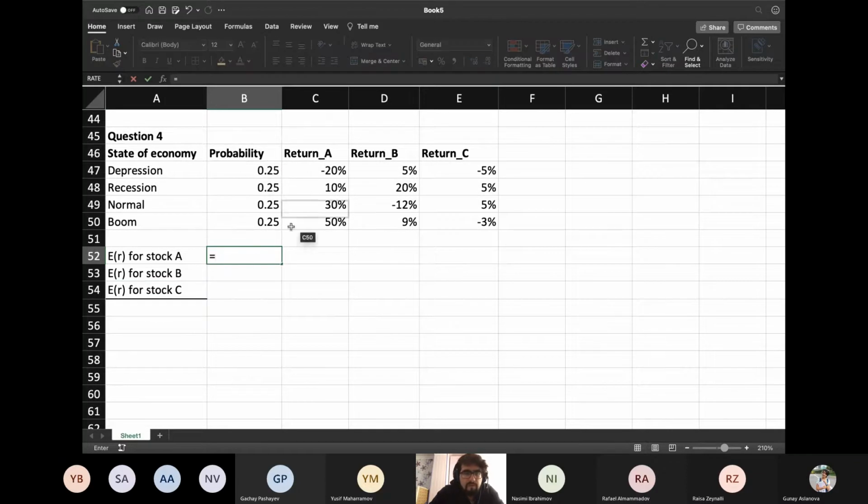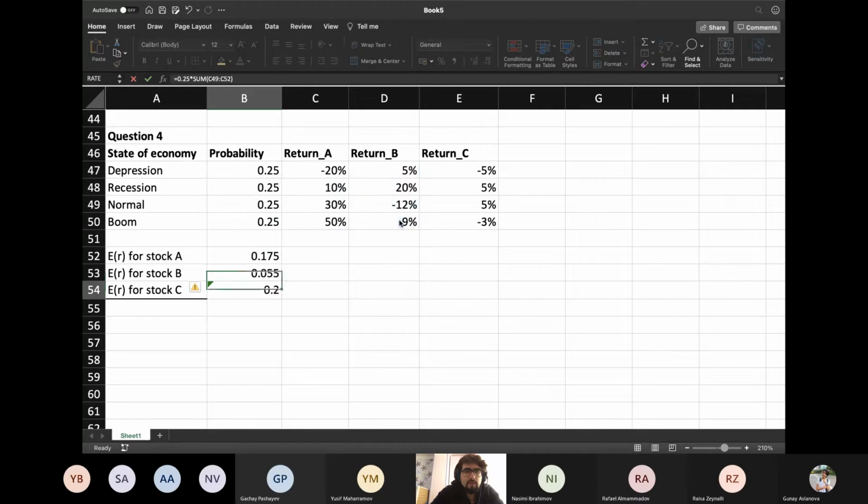So, expected return of stock A. Guys, we see that all the probabilities are the same. Therefore, I can easily write it like that: 0.25 times the summation of all the returns of A. Let me copy it down.